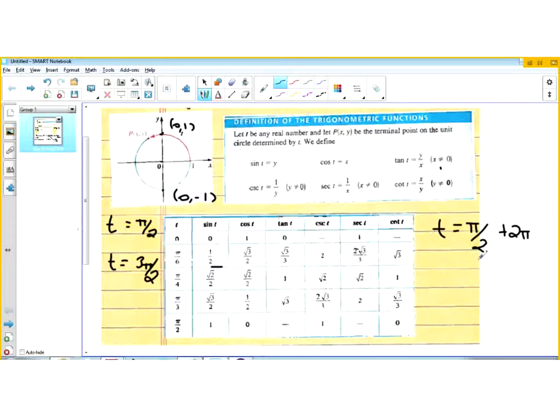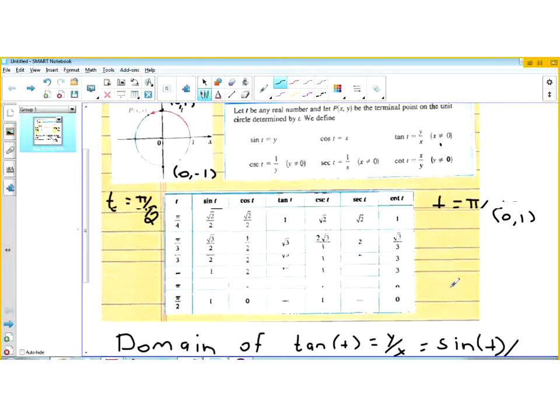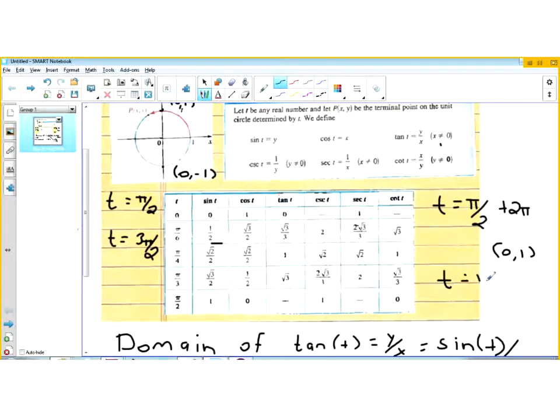Its terminal point is 0, 1. So this is another value of t. Pi halves plus 2 pi is not the same as pi halves. Likewise, I could go clockwise instead of counterclockwise, so I could subtract 2 pi.